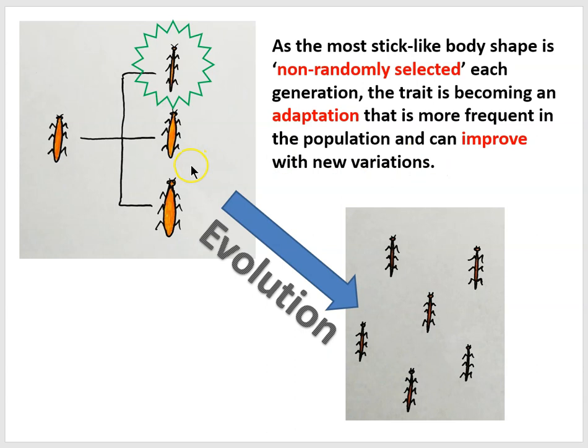So let's summarize this natural process. When parents reproduce, they're generating offspring that show variation. That variation is random. Now, there are selection pressures in the environment that are non-randomly selecting which individuals will remain in the population to become parents. The others will perish. So that's a non-random selection process.